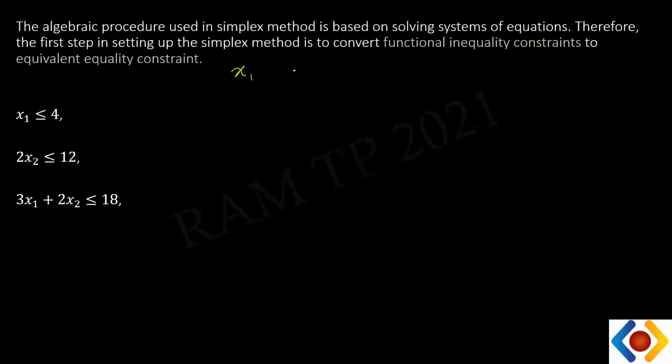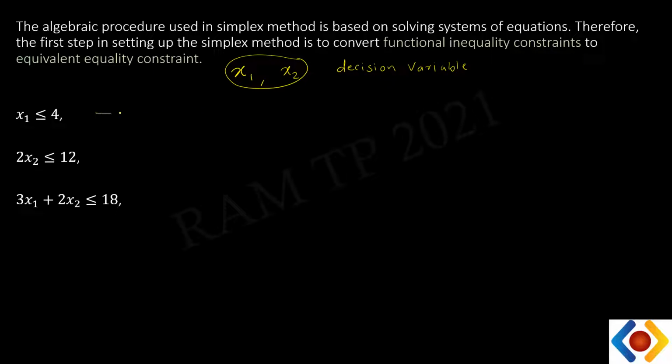X1 is the quantity of Astra and X2 is the quantity of Leo. So we call them decision variables, right? We can't use these letters again, of course. So we will continue this series. The next in the series is X3.